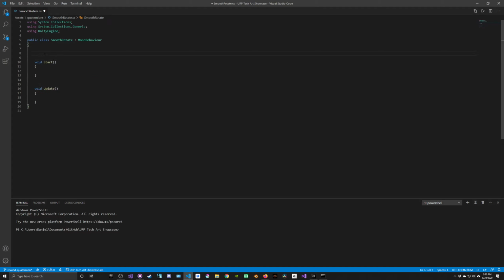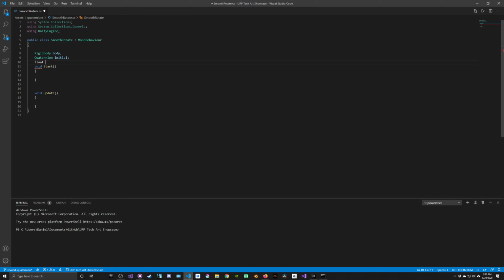So to start with, let's set up some member variables. We're going to need the initial rotation, which will be easy enough to get. Let's define a max speed in degrees per second.